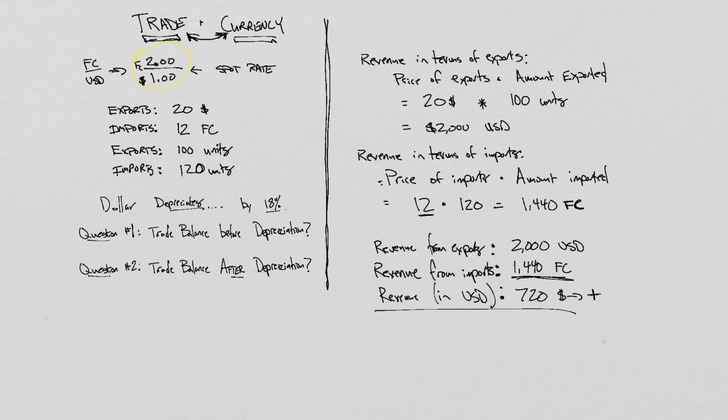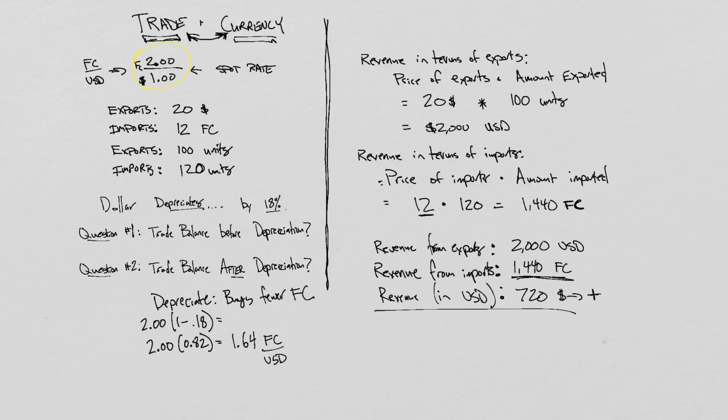But if the US dollar depreciates, it buys fewer foreign currency, and in fact, it buys 18% fewer foreign currency, and that means $1 buying 2 units of foreign currency now can only buy 1.64 units of foreign currency per USD.